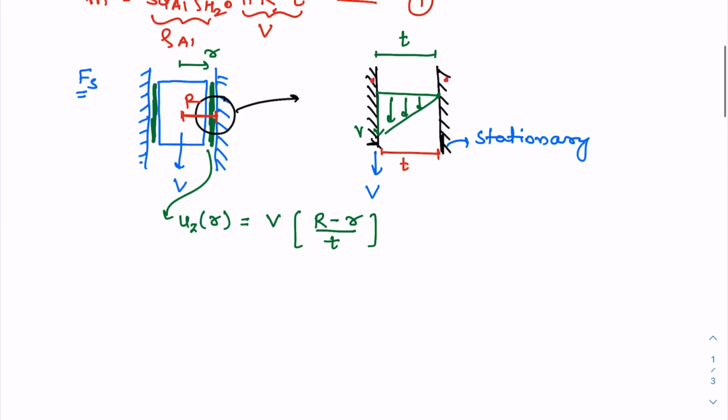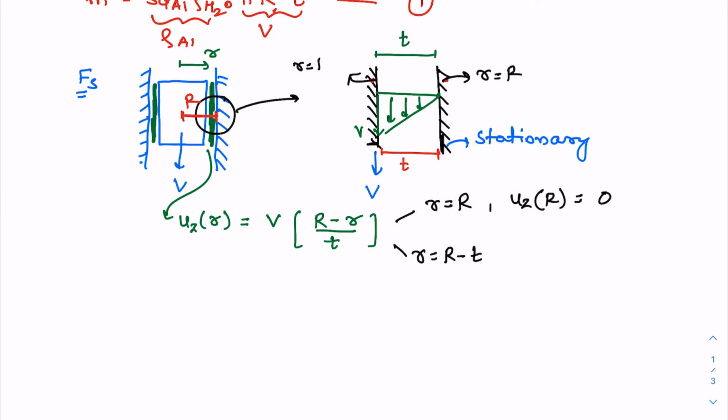Just to verify, if we substitute r equal to capital R, this gives the outer steel tube, and the velocity here is zero because of the no slip boundary condition. Similarly, if I substitute r equal to capital R minus T, which gives the piston surface, then I recover uz at R minus T equal to capital V. This velocity profile follows the no slip boundary condition.